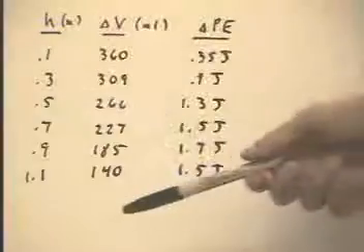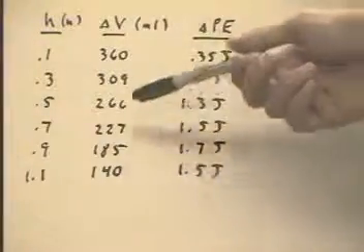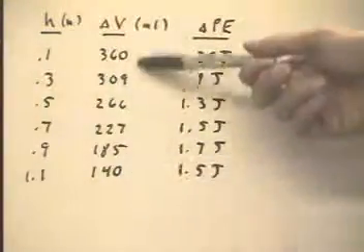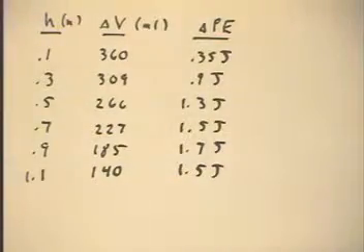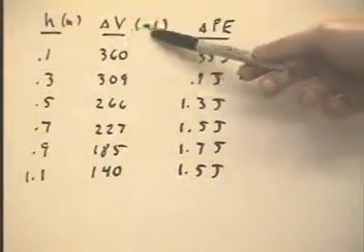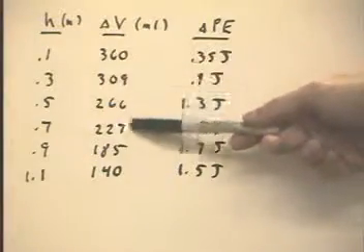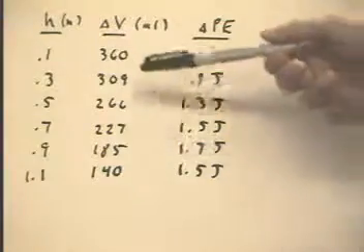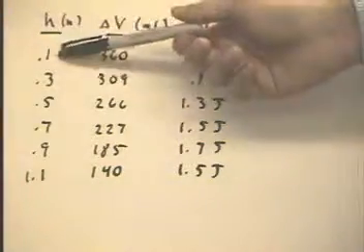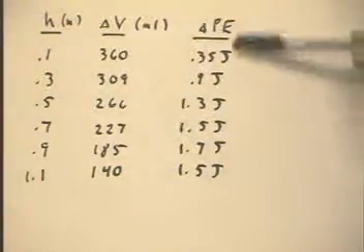Okay, if you do that, you should stop your video and go ahead and do it. But we get these delta V's, these changes in volume. And from these changes in volume, remember this will be in milliliters, so the change in volume is equal to the number of grams of water raised.